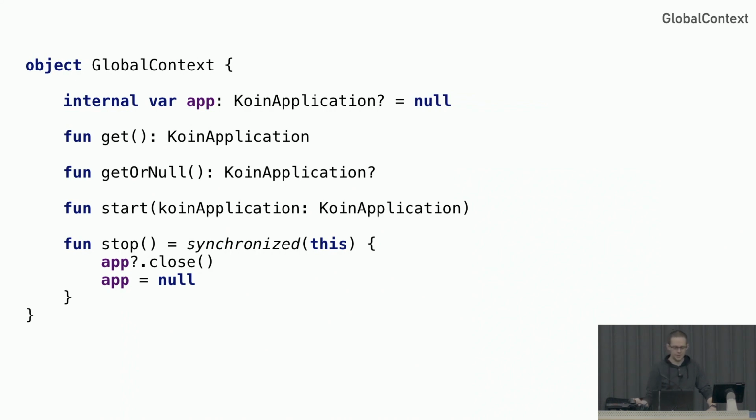It's reasonably similar to what I just described with the locator. It has this var for the KoinApplication, so this is what holds the global KoinApplication that you might want, and then convenience methods for getting that and accessing it and starting and stopping.